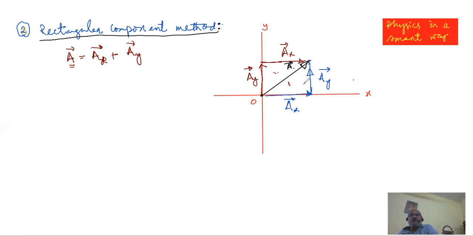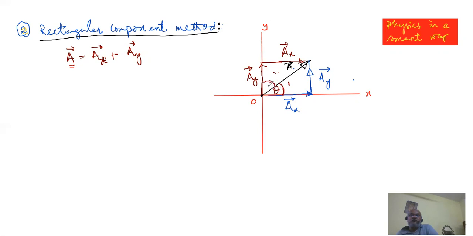Because our x-axis and y-axis are reference lines, we assume that x and y are ever present. If I simply put down the angle that the vector makes with the x-axis, then the direction is known. Or if you put down the angle that the vector makes with the y-axis, also you can find out.